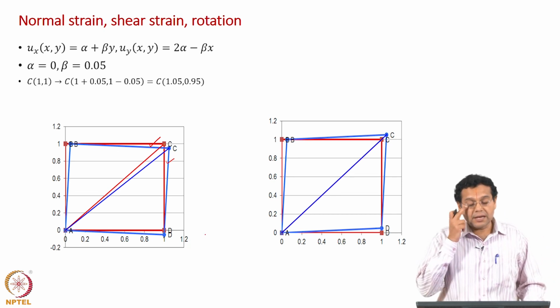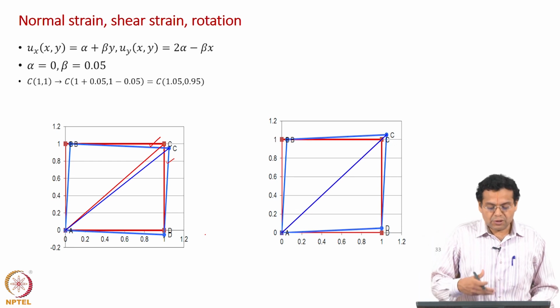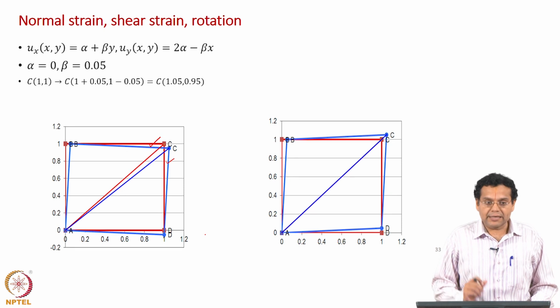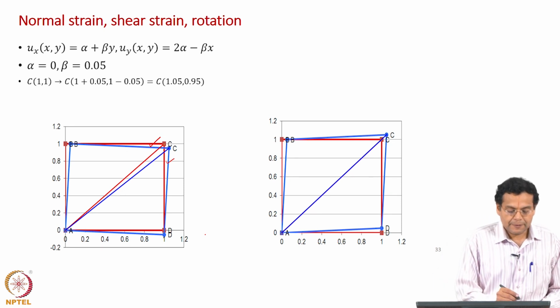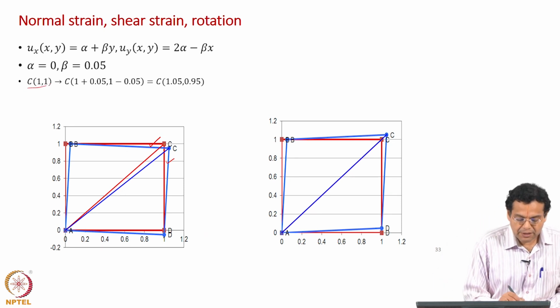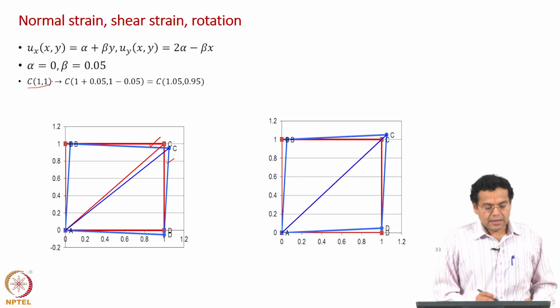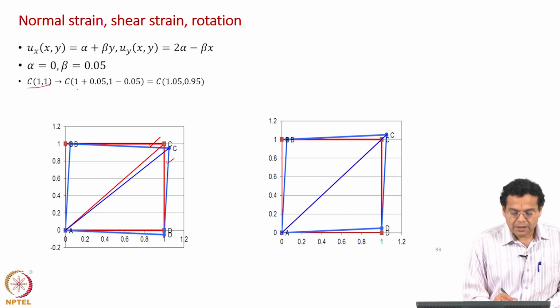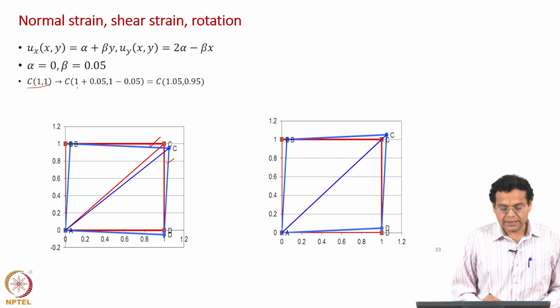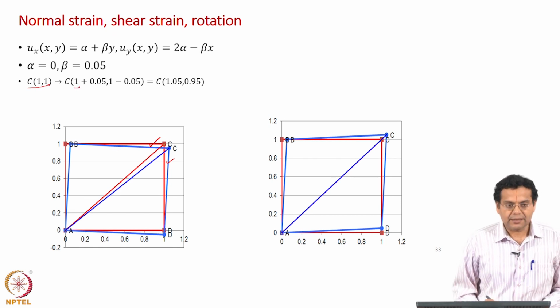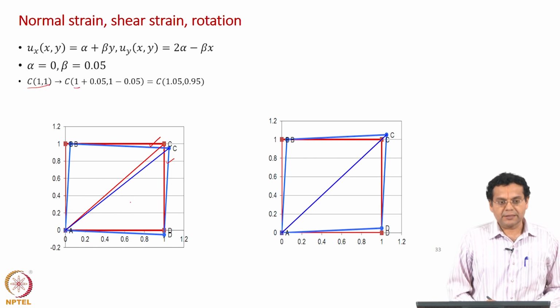As we have done earlier, to know the final configuration or final state, I need to calculate the coordinates. Let us see how we calculate. C 1 comma 1, once again we will consider C, and it moves to, how do you find the final coordinate? The initial x coordinate plus the displacement u x, a function of x comma y, which I need to evaluate at 1 comma 1.